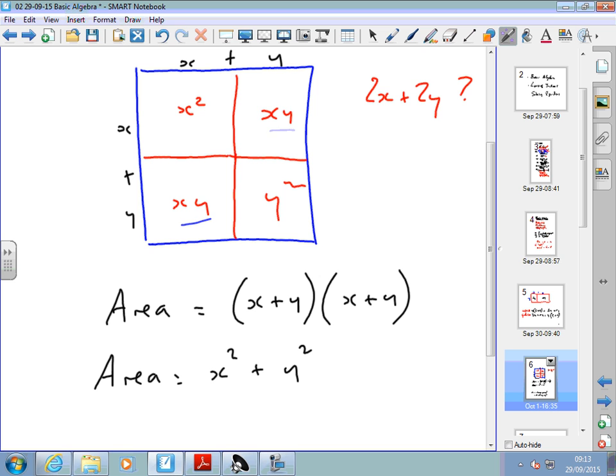No, that would be xy times xy. This is xy plus xy. 2xy. Yeah, 2xy. 2 lots of xy. And you can see the 2 lots of xy there. So 2 expressions to mean that.